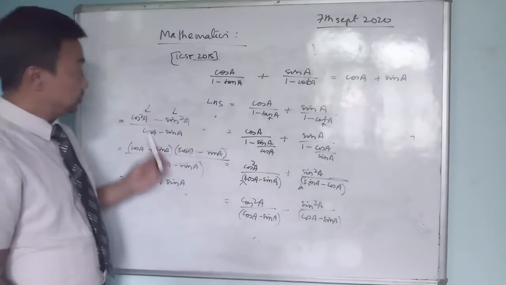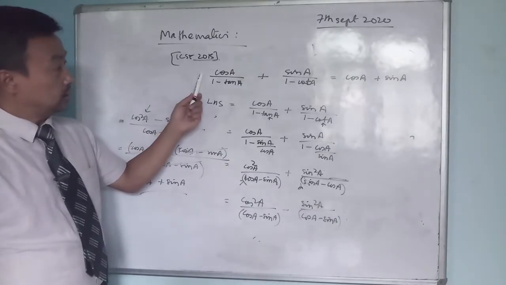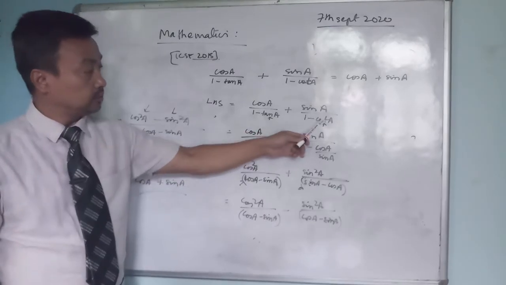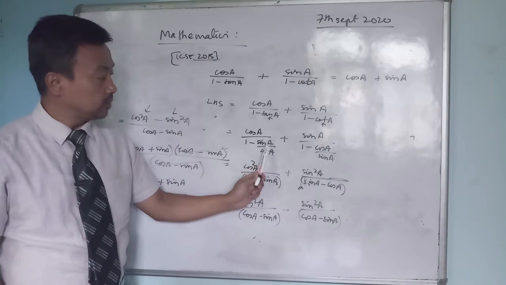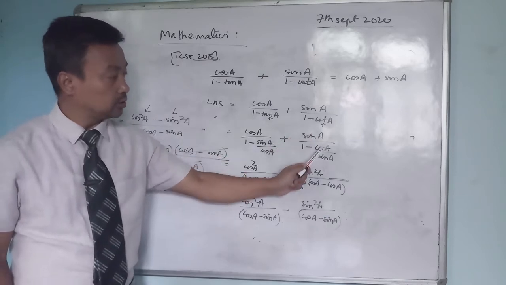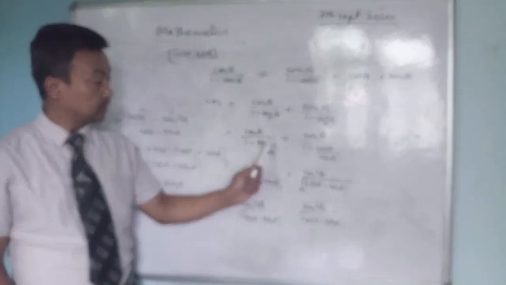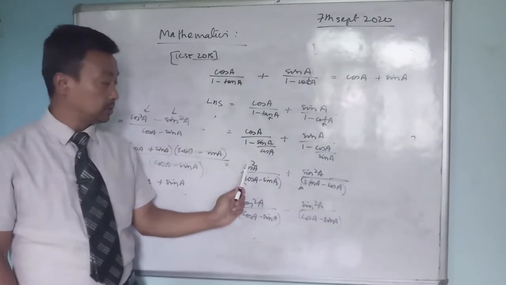So now this is how you need to solve it. Okay, so here we have applied the formula. See, tan A is sin by cos, cot A is cos by sin, cos A into cos A, LCM cos A minus sin A upon cos A. That cos A will go up and it is multiplied.